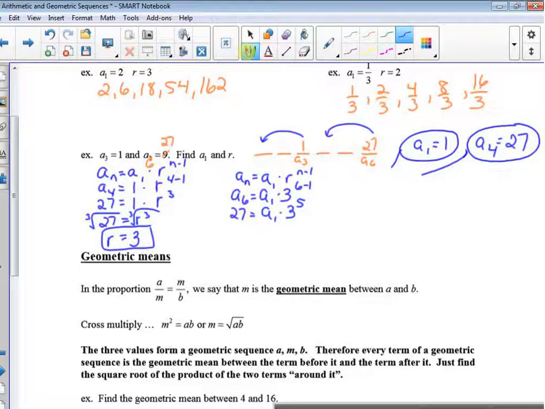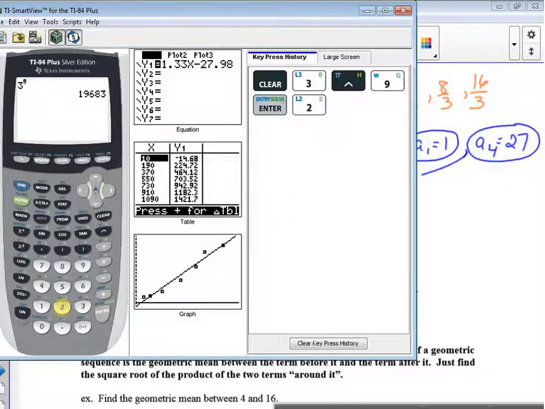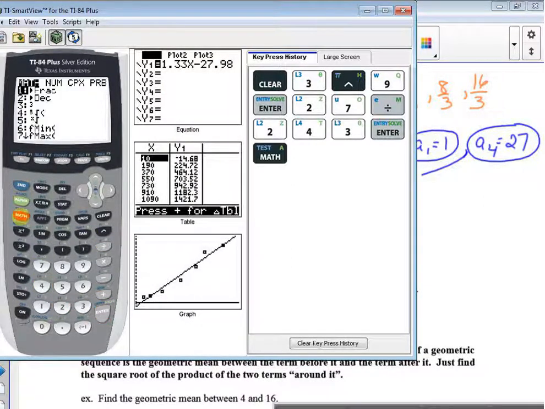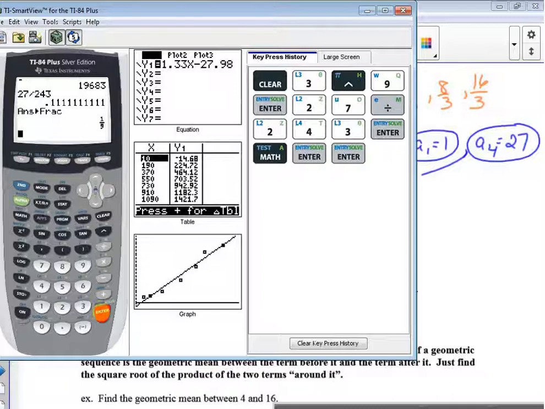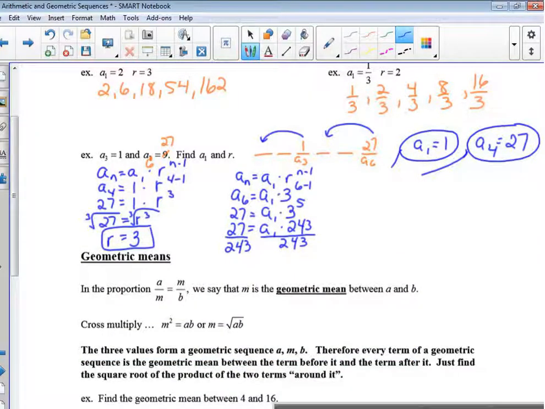And then 3 to the 5th is 243, and then all I'm doing is dividing both sides by 243. So if I take 27 divided by 243, I get 1/9. So A sub 1 is 1/9.